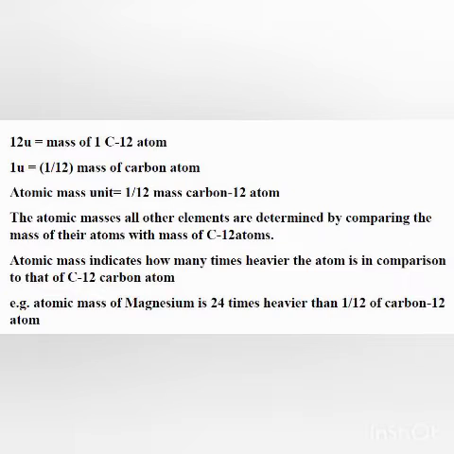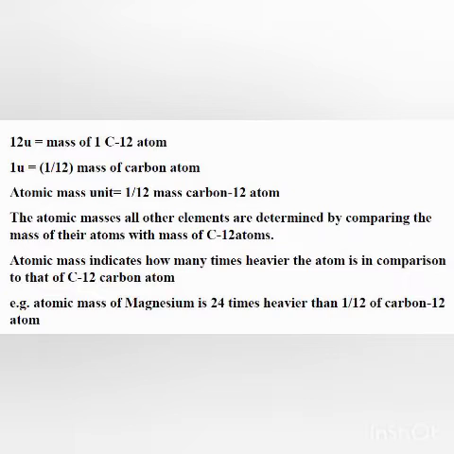So now what is a C12 atom? A C12 atom has 6 protons and 6 neutrons in its nucleus. About protons, neutrons and electrons we will discuss in the next chapter, but just remember that in the center there is a nucleus, and that nucleus has 6 protons and 6 neutrons. The atomic mass of carbon is 12.